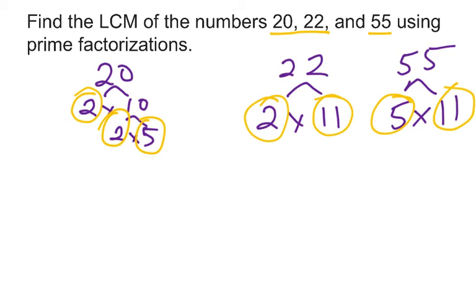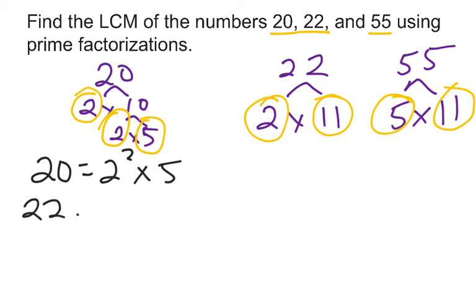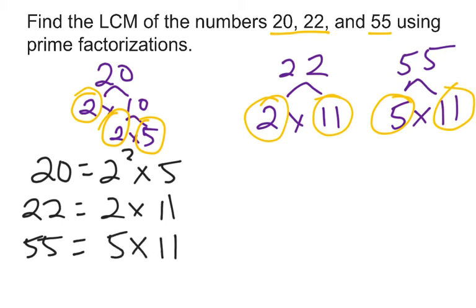So now I'm going to list my prime factorization of 20, which is 2 squared times 5, 22, which is 2 times 11, and 55, which is 5 times 11.